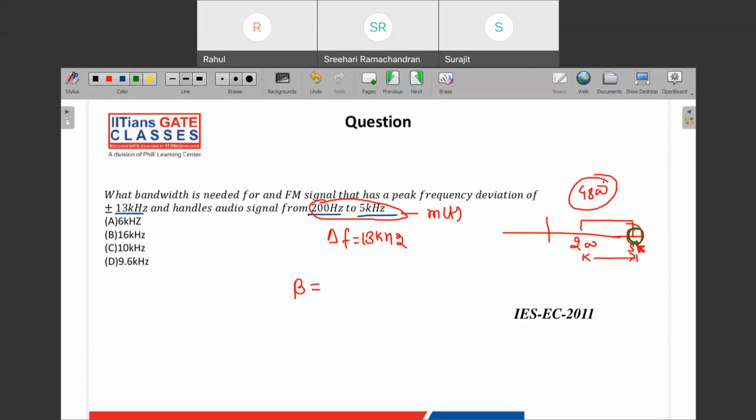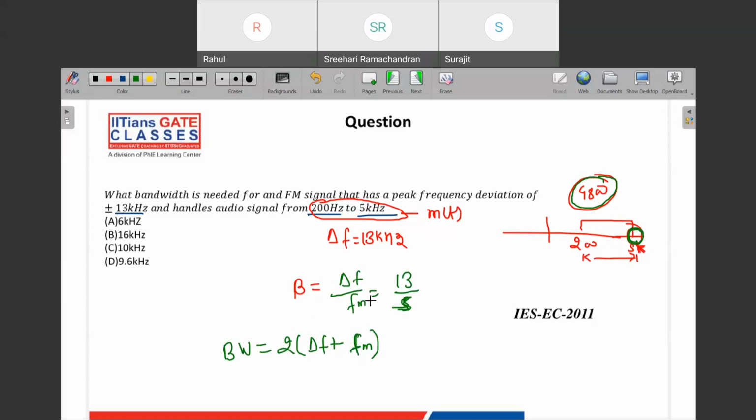So don't take 4.8K, take 5K as f_m. So beta will be equal to delta f by f_m, where f_m is 5K, so 13 by 5. Or we can use this formula also, that bandwidth is equal to 2 into (delta f plus f_m). This will also give us the correct answer.